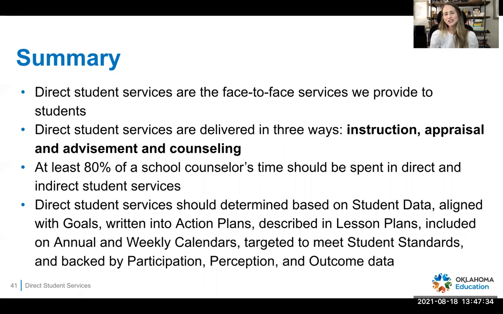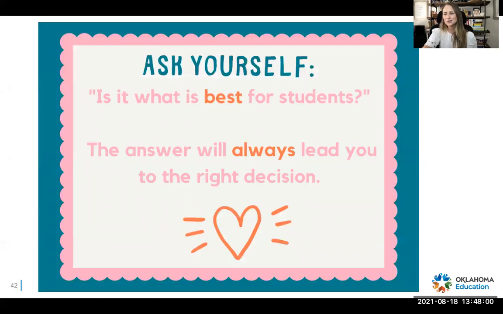And our direct student services should be determined based on student data, aligned with our goals, written into our action plans, described in lesson plans, included on annual and weekly calendars, targeted to meet student standards, and backed by participation, perception, and outcome data. So hopefully this has helped you wrap your head around direct student services.